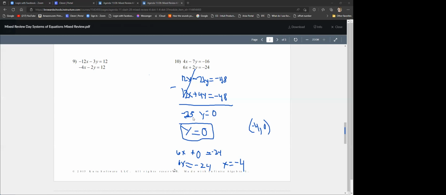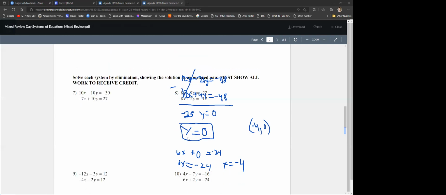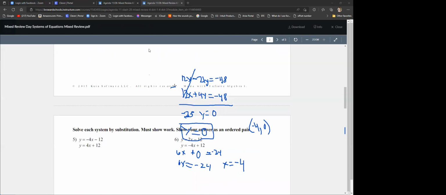Negative 4, 0. Good? All right, erase the blue and then we'll try number 6.